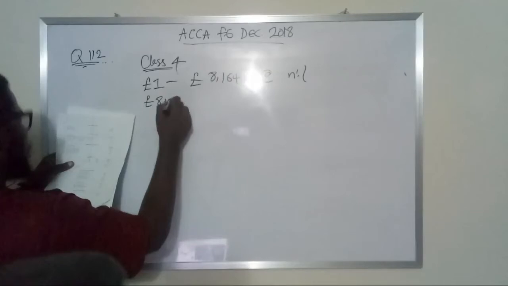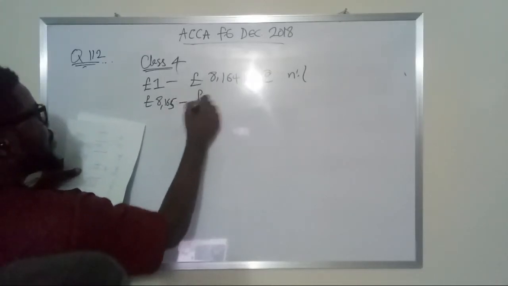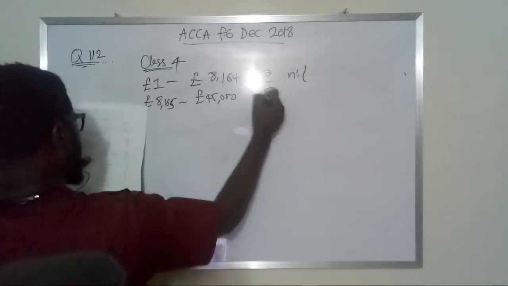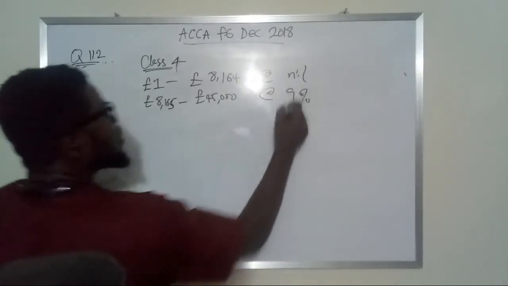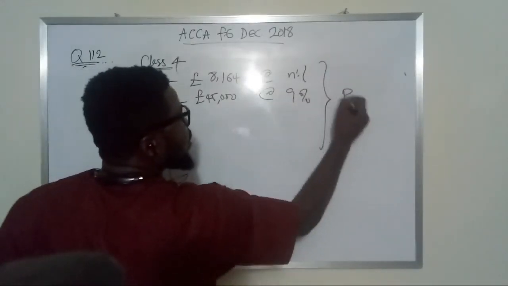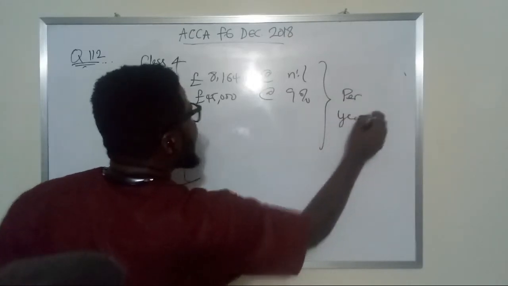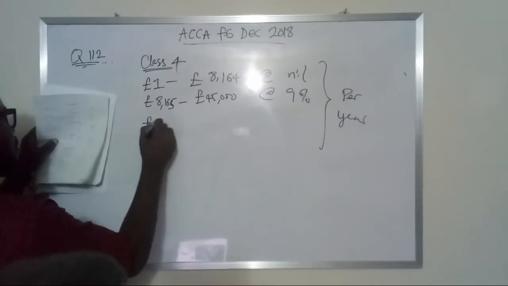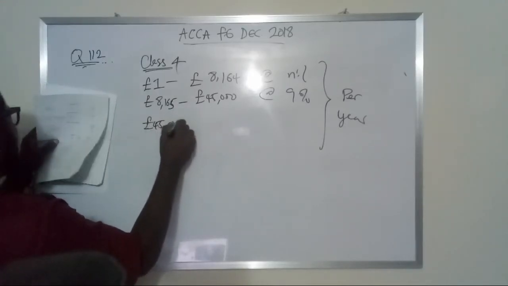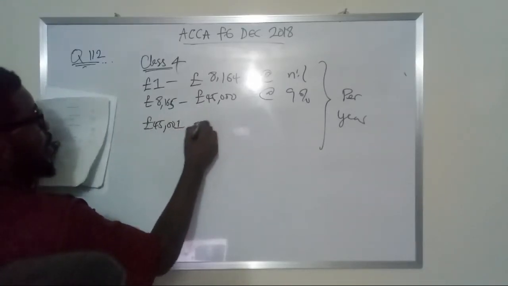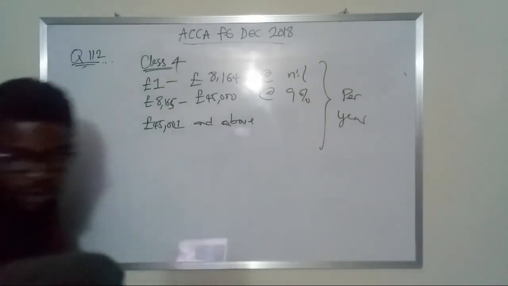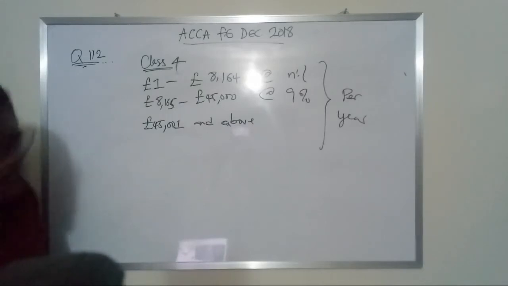This you don't need to copy because it's easy in your formula sheet. At 9%, note this is per year. Then 45,001 and above. So class 4 is the same thing.